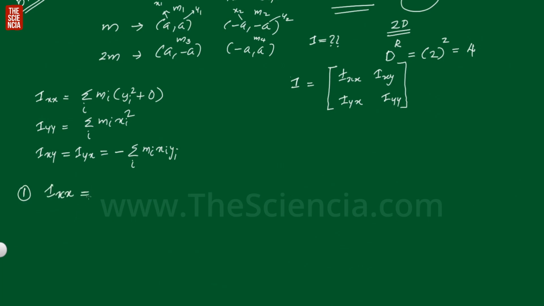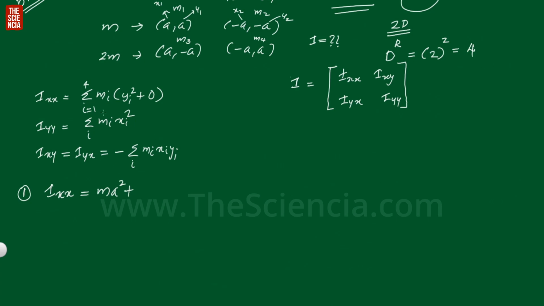Ixx is equal to summation of mi yi square. Here we do this summation from i equals 1 to 4, because we have a total of 4 masses m1, m2, m3 and m4. For the first mass, the mass is m and the y coordinate is a, so ma square.